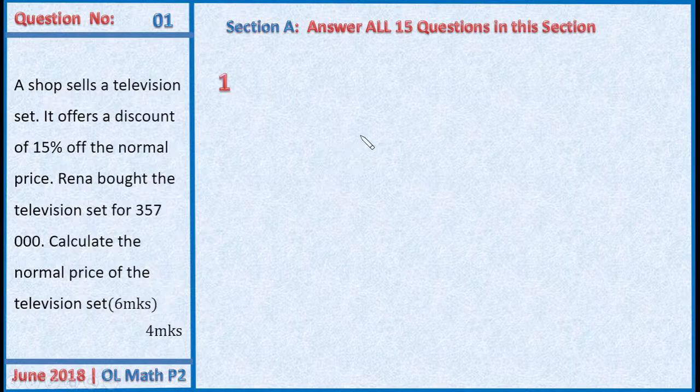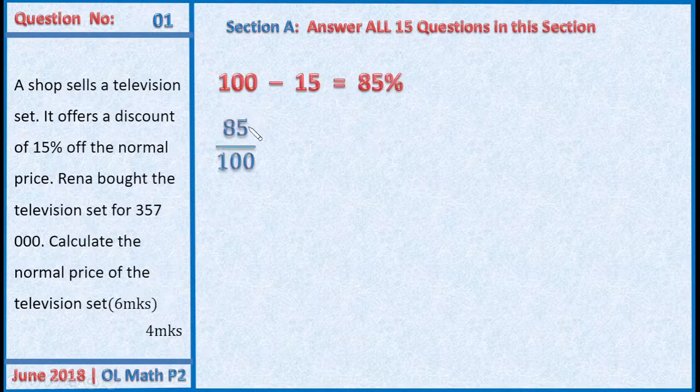So this question involves a discount, and since this television set is sold at a discount of 15%, it means that Reina will only pay 85%. Since Reina bought the television set for 357,000, this 357,000 is proportional to the percentage.